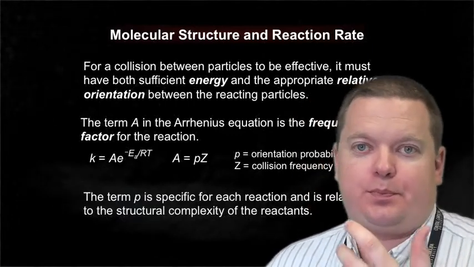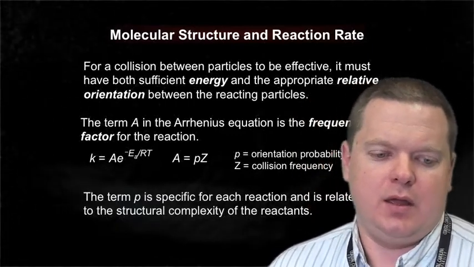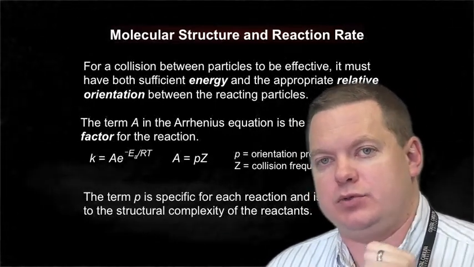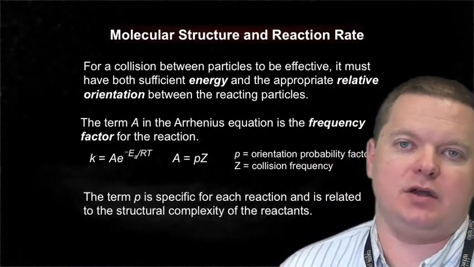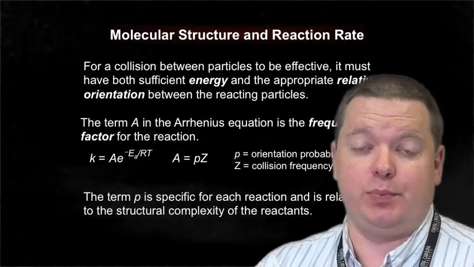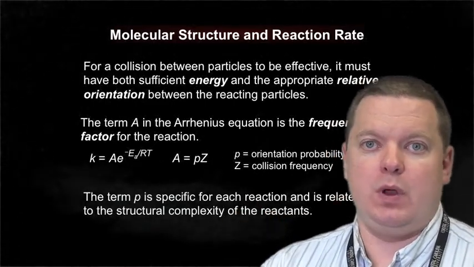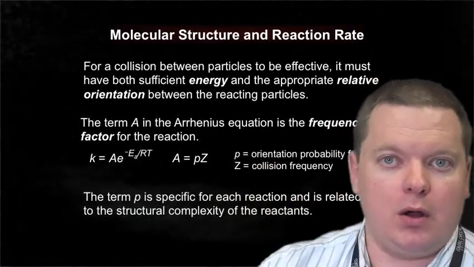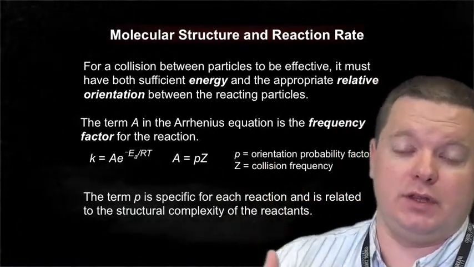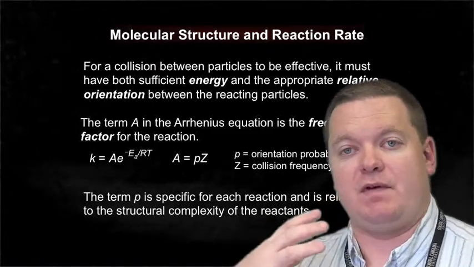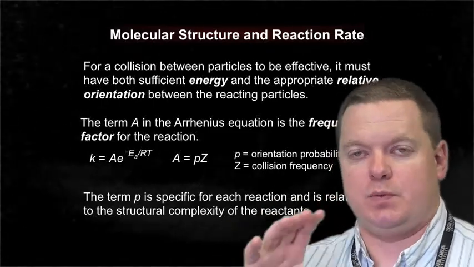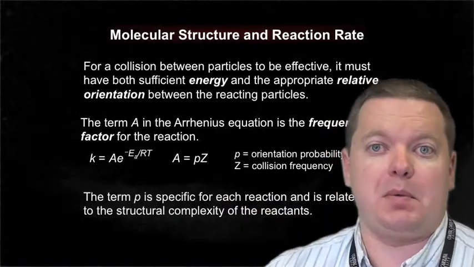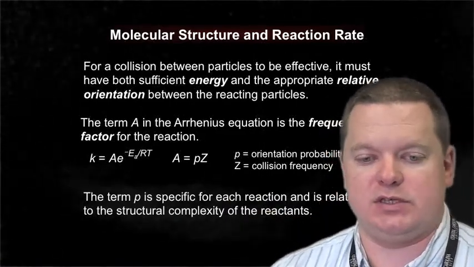And we see that this P, this probability factor, is going to be determined by how structurally complex those reactants are. If we have a fairly simple structure, we would get a fairly large P value. The more a large number of collisions are going to be successful. If we have a very complex reaction or structure where they have to come together in a very specific way, our probability factor is going to be small.